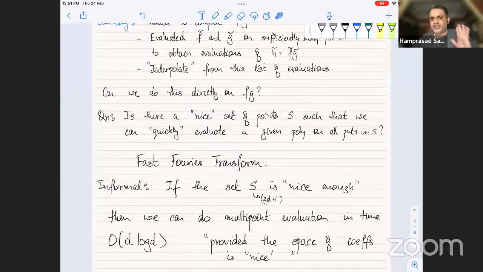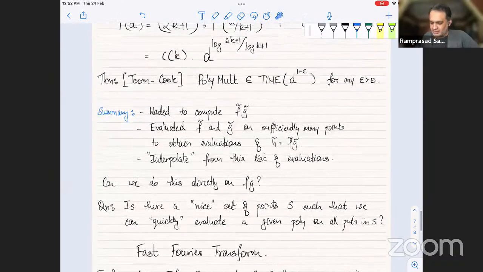So the FFT algorithm will eventually tell us that polynomial multiplications over nice coefficient spaces can be done in order d log d time. And if the coefficient space is not nice, you can maybe add some additional factor of log d and make it nice and then do it there. So if all you wanted was an algorithm better than d power 1 plus epsilon for every epsilon greater than 0, FFT is the best thing that you could do.